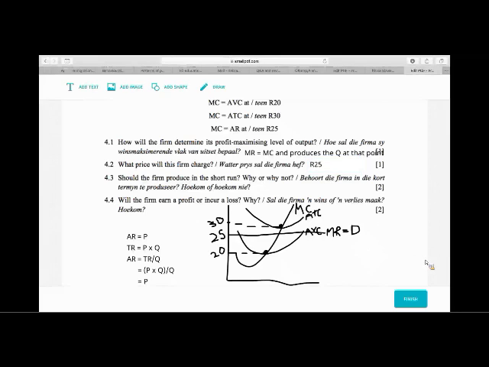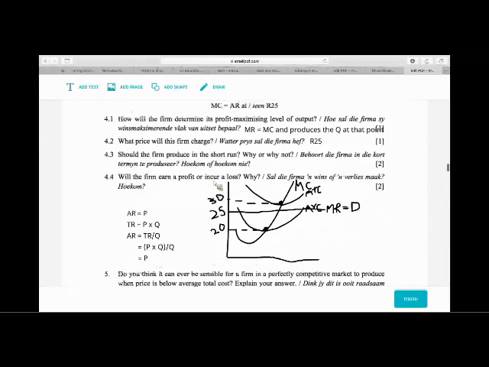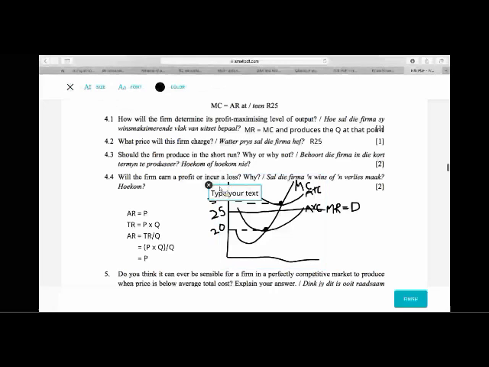Should the firm produce in the short run, why or why not? So this comes down to the decision of shutting down or not. So all firms have two short-run decisions to make. The first decision is, do I produce? The second decision is, how much do I produce? So the second decision is MR equals MC.